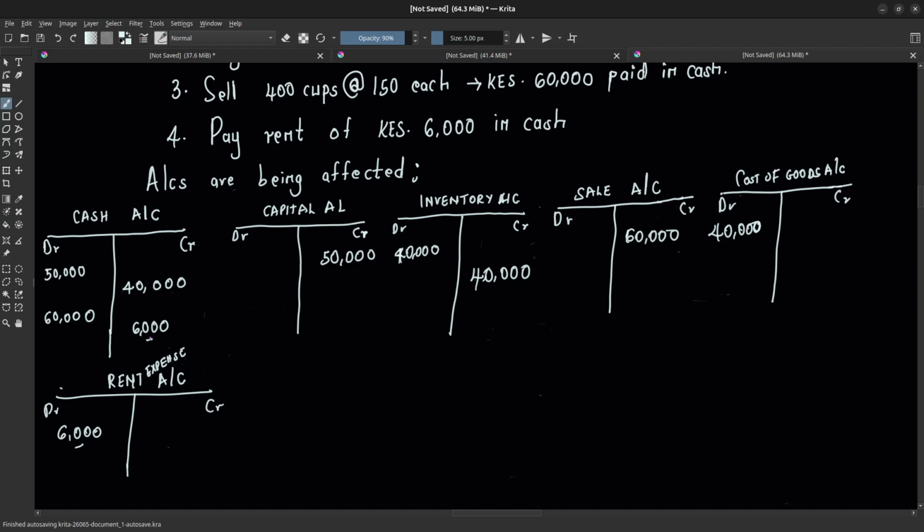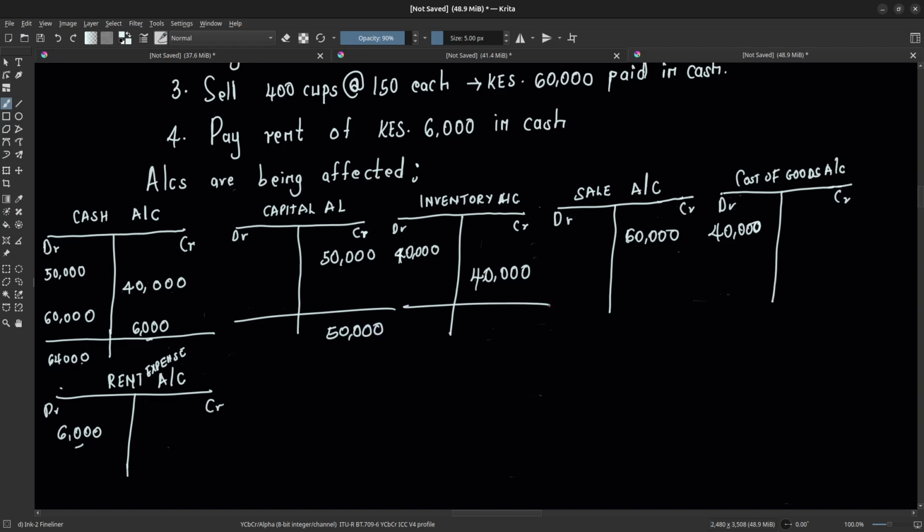Okay. Now let us look at the balances. So here we'll have 50 minus 40 plus 60 minus 6,000, we are going to have a 64,000 balance on the debit side. And then here we have a capital of 50,000.